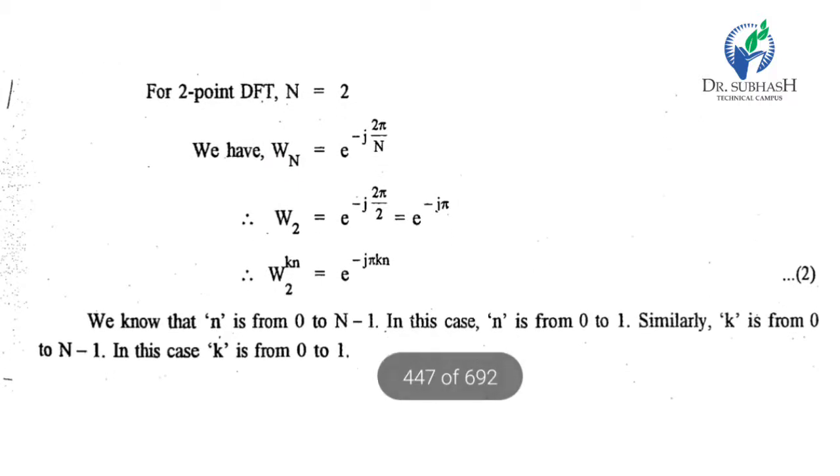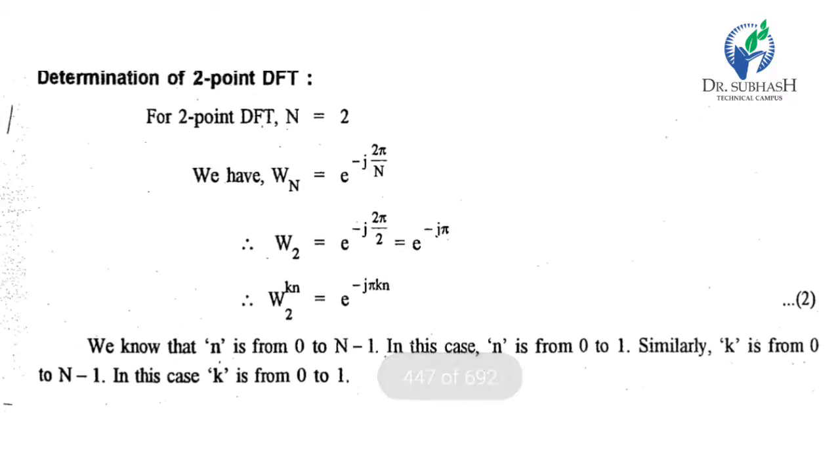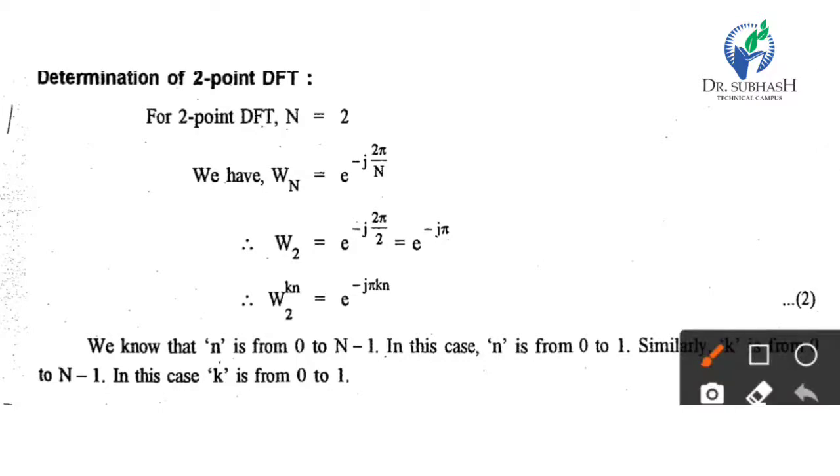Okay, now we switch to our question: determine the 2-point DFT and the 4-point DFT. Starting with the 2-point DFT, N equal to 2.